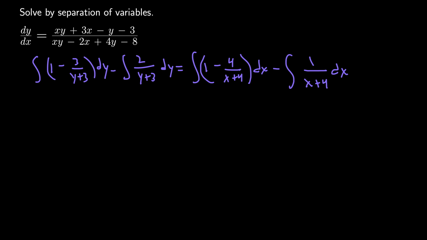Okay, so now we can actually combine terms here. If we look at the negative 3 and the negative 2, they're basically the same, so I'm going to combine them into one term, 5 over y plus 3. So now we have a single integral of 1 minus 5 over y plus 3 dy.